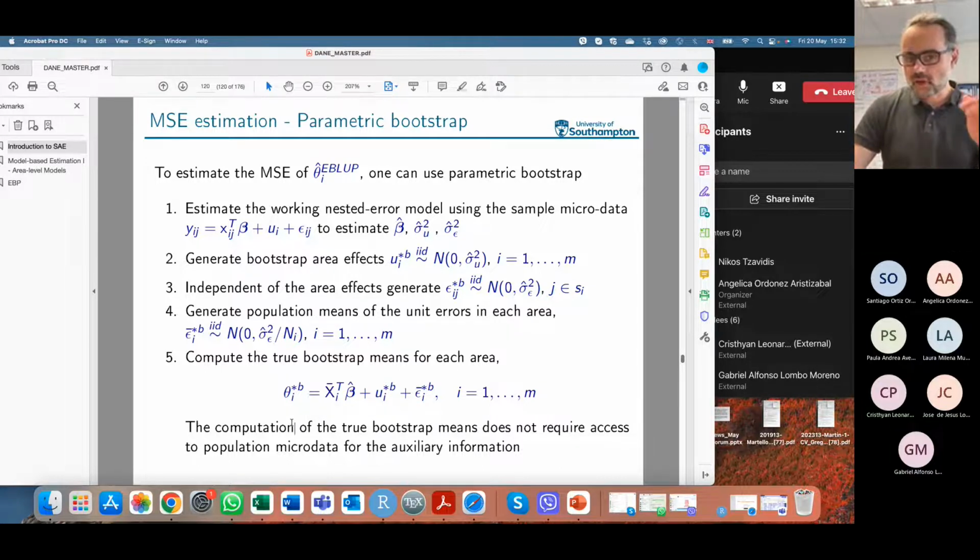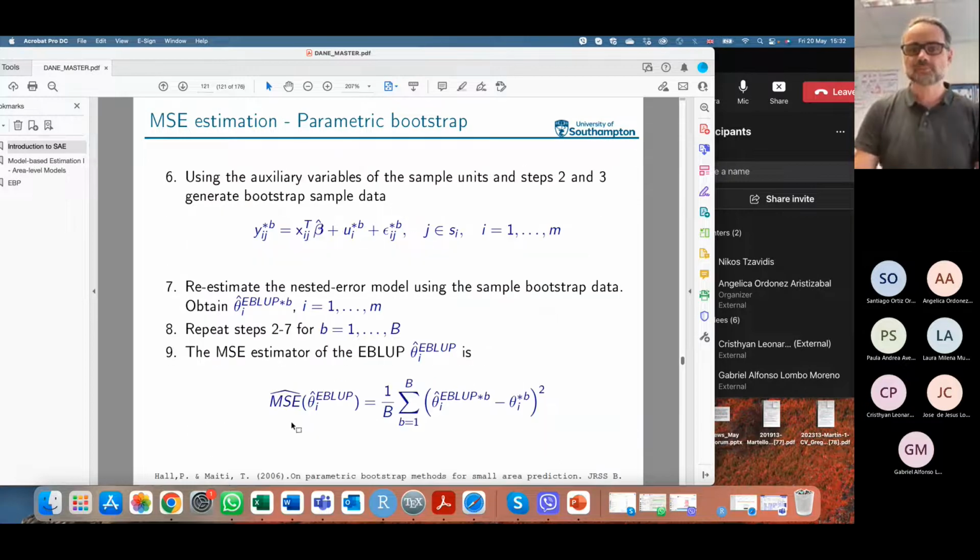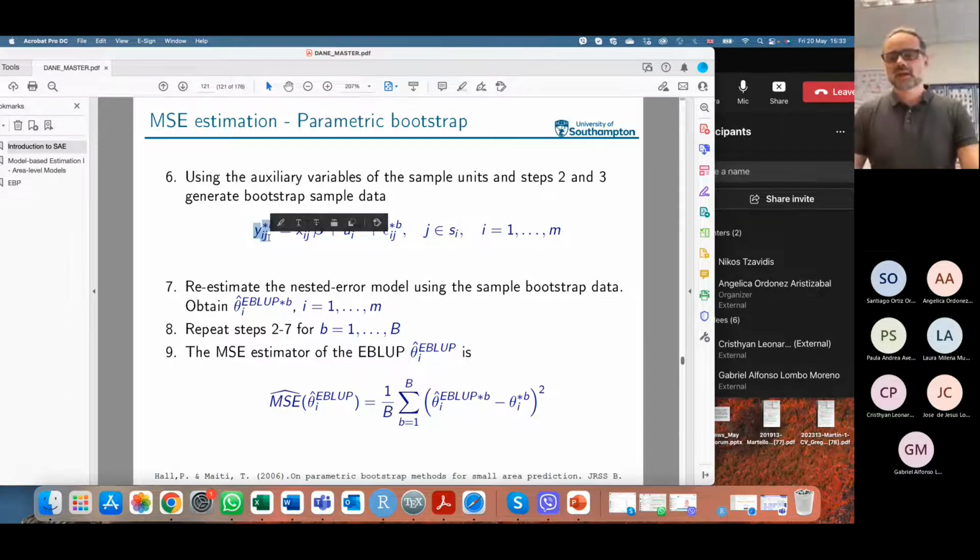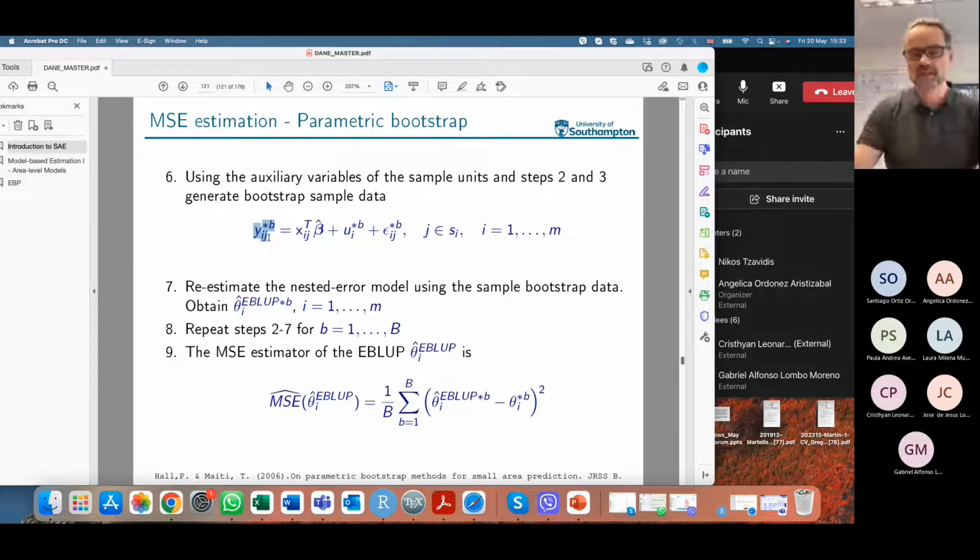What else you're going to do in step 6 is you're going to also generate a set of values of y as if effectively these values are your new sample values. Remember that under the model-based framework, the y i's are not assumed to come from this randomization distribution where the population is fixed and then you select repeated samples, but you assume that they are generated under a model.